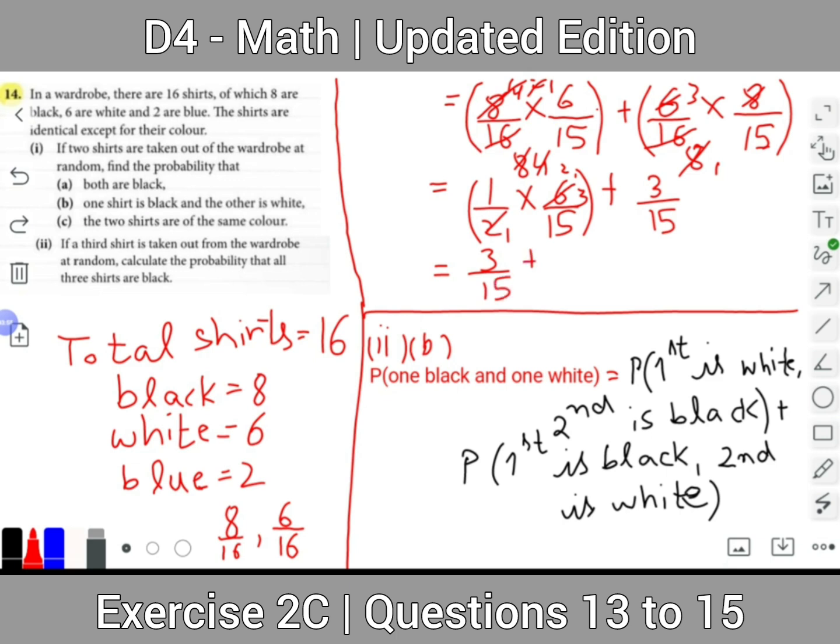So 3 over 15 plus 3 over 15 will be equal to 6 over 15. So the probability that one is black and one is white is equal to 6 over 15. Further simplification: 3 2s are 6 and 3 5s are 15. So it will be equal to 2 over 5. So the probability that one black and one white is equal to 2 over 5.